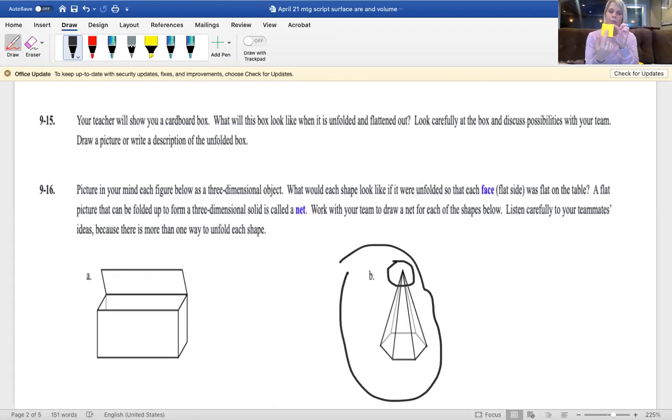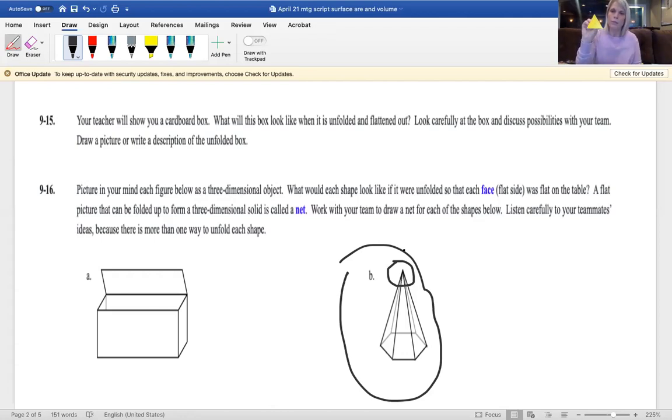The base names the shape. So for the one here on the paper, it's a hexagon. It's a pyramid because it only has one base. Prisms have 2 bases. So this one would be a square pyramid, the one I'm holding. This one here is a triangular pyramid because it comes to a point.